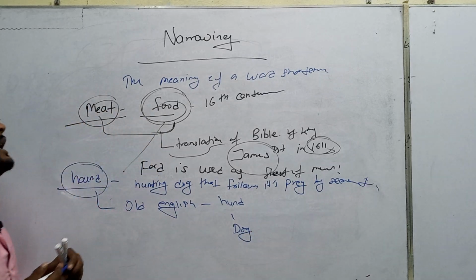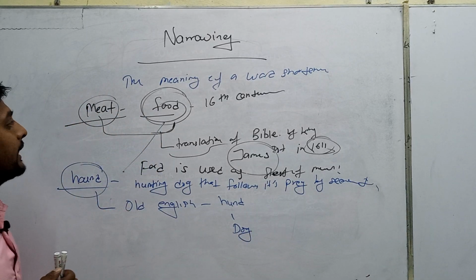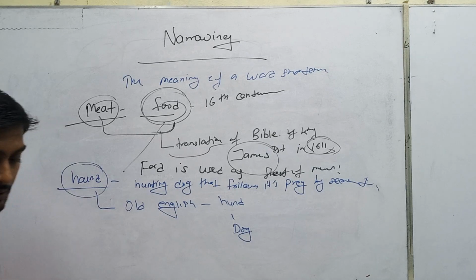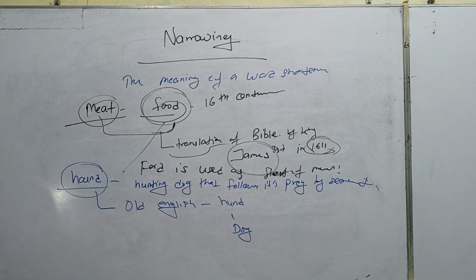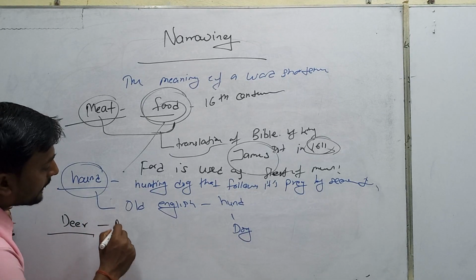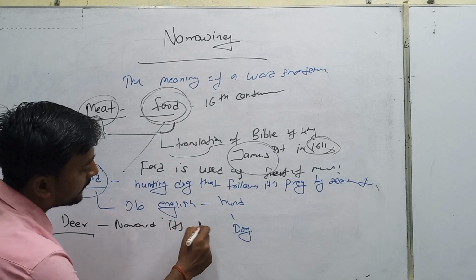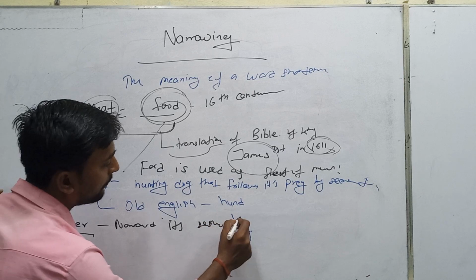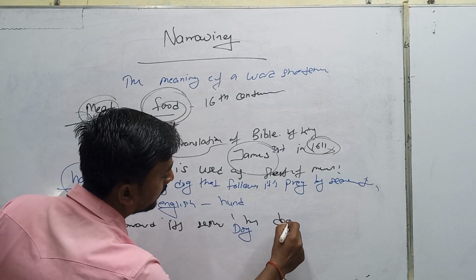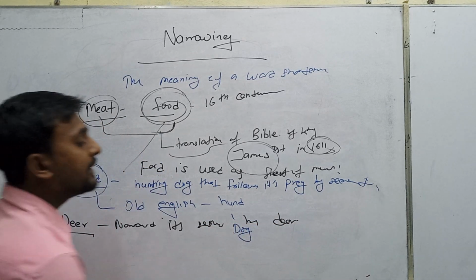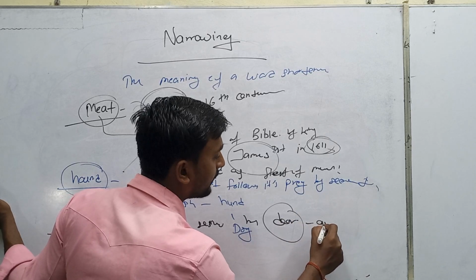Look at another example of narrowing, which is deer. The word deer narrowed its sense from deor, which means animal.